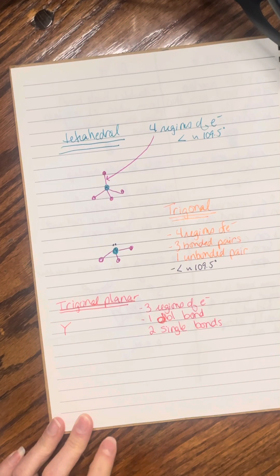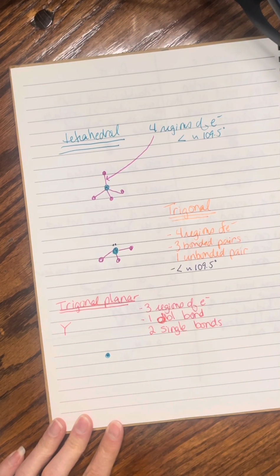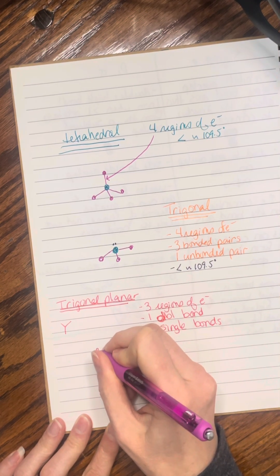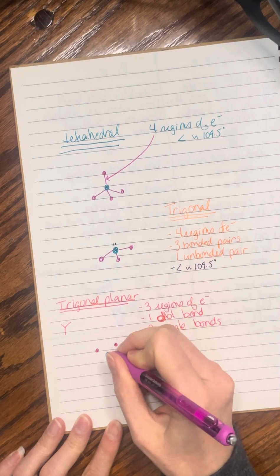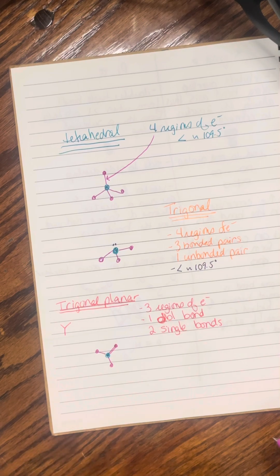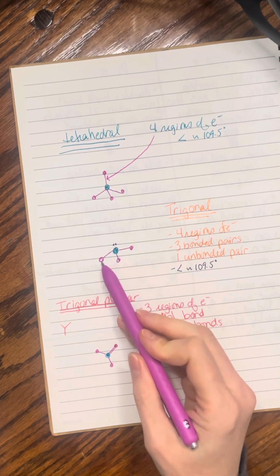Okay, so you're gonna have your central atom, and then you're going to have a double, a single, and a single. Okay, so 3 regions of electrons. These do not have to all be the same atoms outside here, okay?